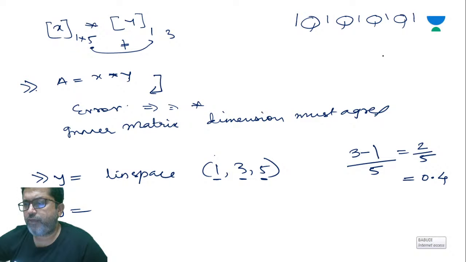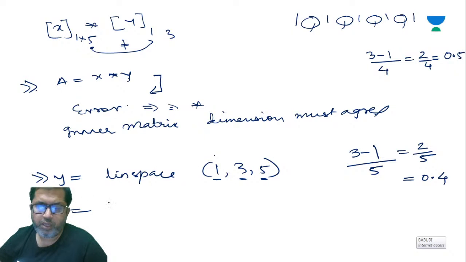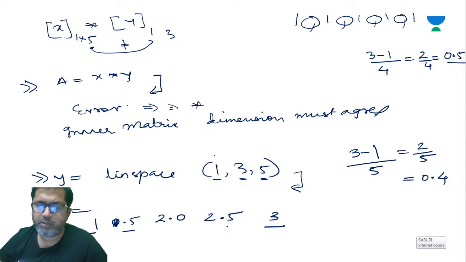So last number minus first number divided by number of gaps is 2 by 4, that is 0.5. So in linspace, the first number will of course be 1, and the next number will be incremented by 0.5. So this will be 1.5, then 2.0, then 2.5, then 3. First and last numbers are as they are.